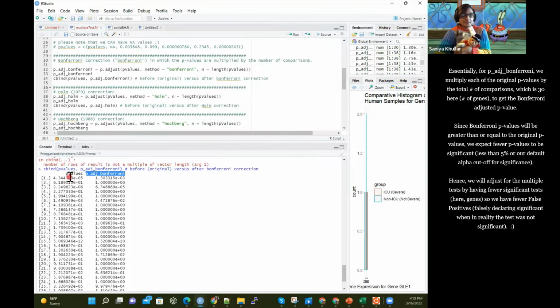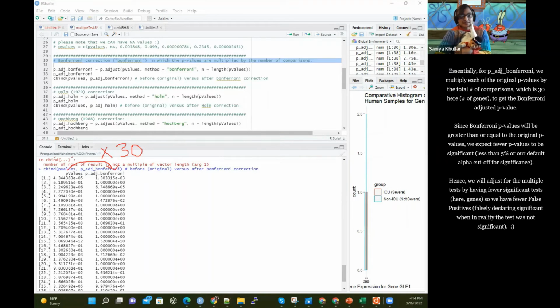So if I multiply each of these values by 30, the number of tests, I will get the respective value. This times 30, this times 30. So all it's doing is multiplying the p-values by the number of comparisons. That's all that it's doing.